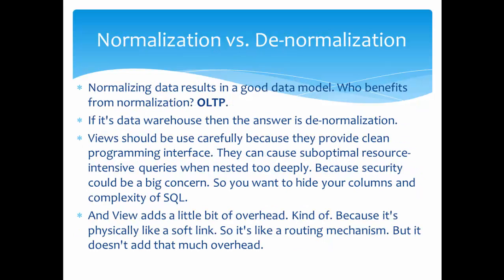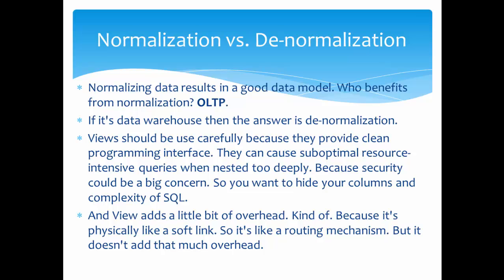Normalization versus denormalization. Normalization is good for data and results in a good data model. Who benefits from normalization? OLTP. If it's a data warehouse, then the answer is denormalization. Views should be used carefully because they provide a clean programming interface. They can cause suboptimal, resource-intensive queries when nested too deeply, and security could be a big concern.